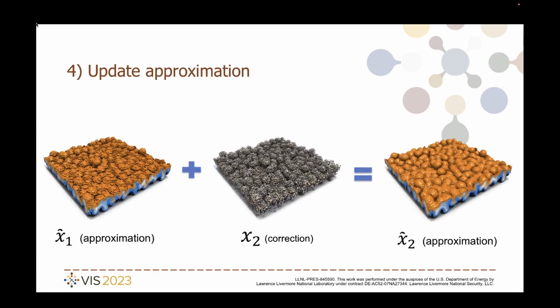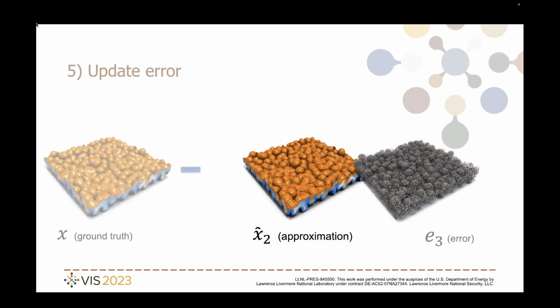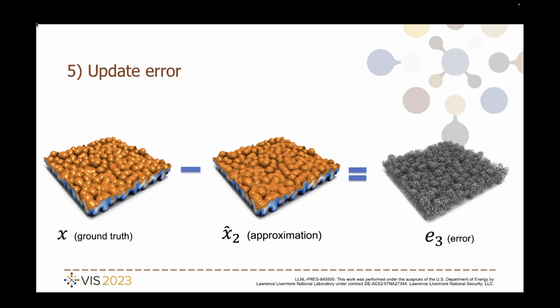We then sum the correction field with the previous approximation to obtain a new approximation with finer details. Then we subtract the ground truth and recent approximation fields to obtain the new error E3. This process is then repeated as many times as the number of components requested.